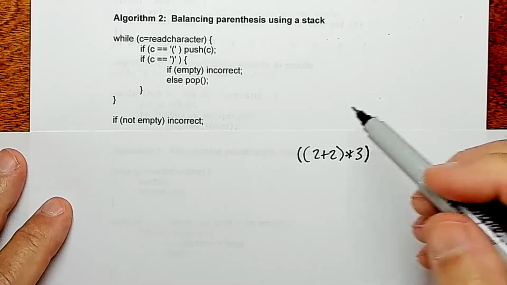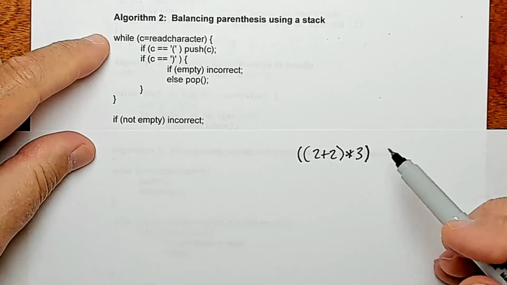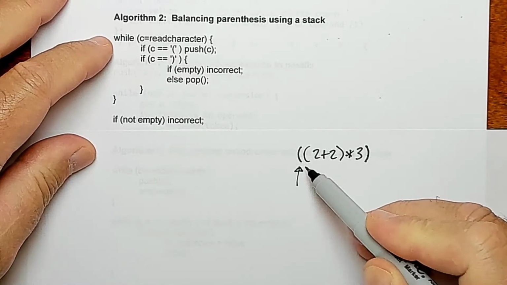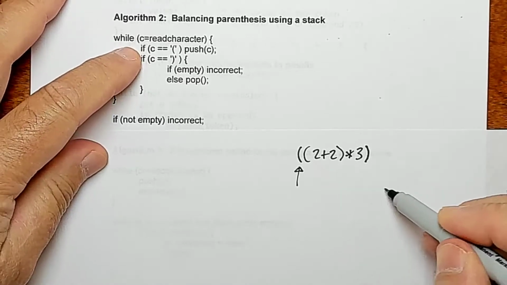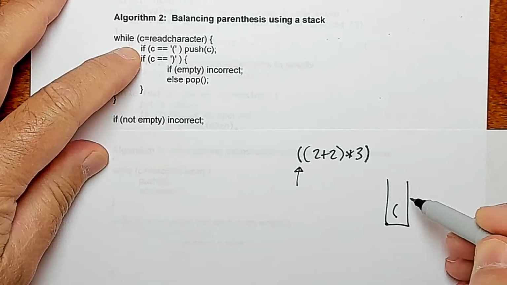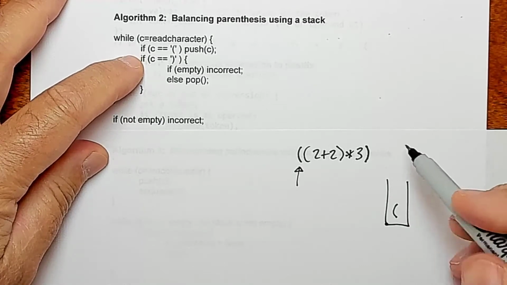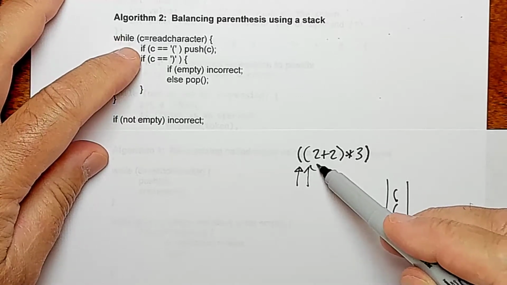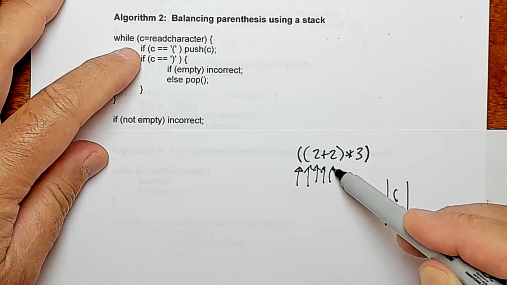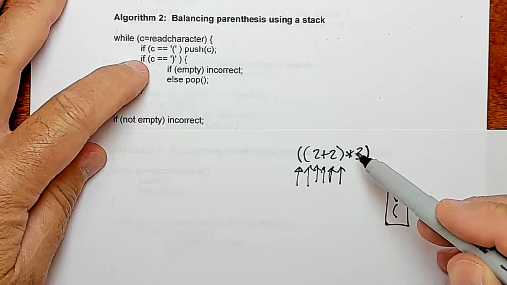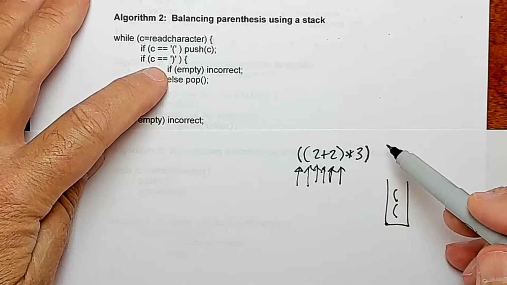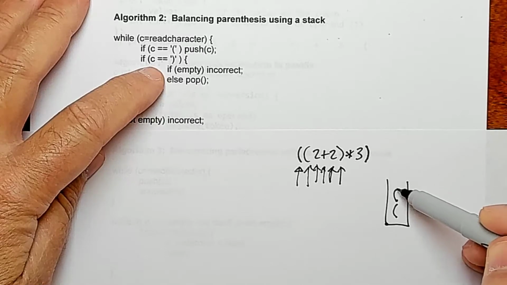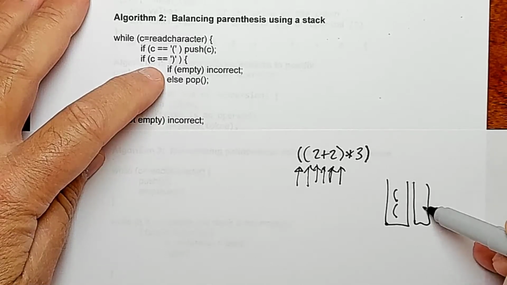Then you have to go back to this line and figure out what you did wrong. So for this one, you read these symbols in, they're characters, parentheses. You read one in, and if it's a left paren, you push it. So here's our stack, so we'll push that one. Then we'll read another one and push it. Then we'll read the rest of these and do nothing. But now we read a right paren. The stack is not empty, so we pop it. So you could redraw the stack like that.